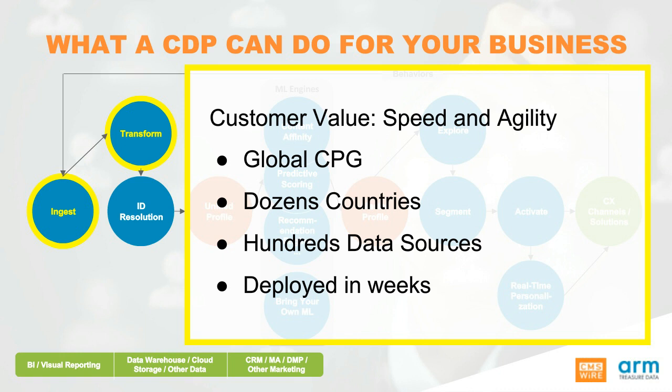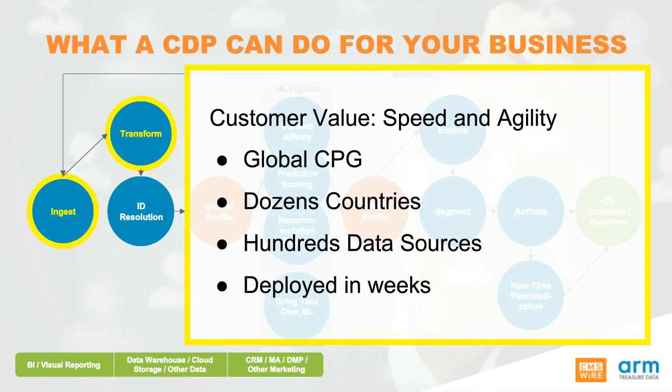In this particular case, we're looking at dozens of countries and hundreds of data sources around the world. What you're expecting your CDP to be able to do is absorb all of that data and transform it and get it ready in a matter of weeks. This shouldn't be a long, long engagement. It should be very easy to deploy and move forward beyond that stage.